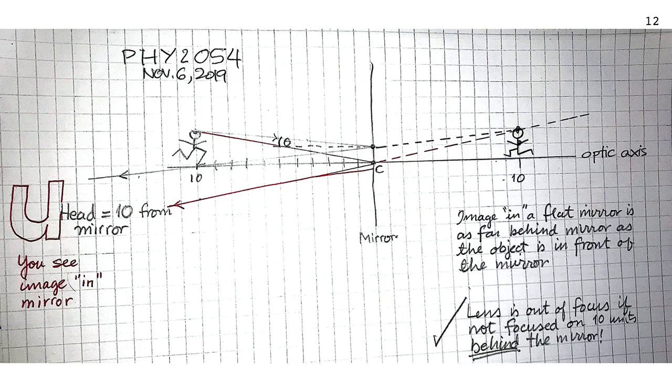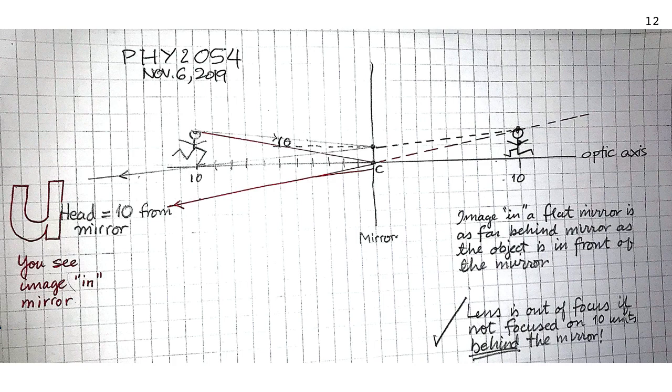And so this means a lens is out of focus if not focused on 10 units behind.